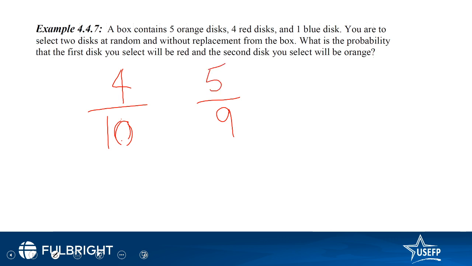So that is 5 over 9. What is the probability that both things happen, that we get the red and the orange? So we multiply both of them together. The probability of this happening is 2 over 9.